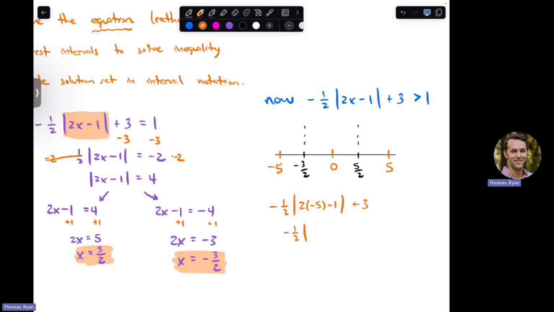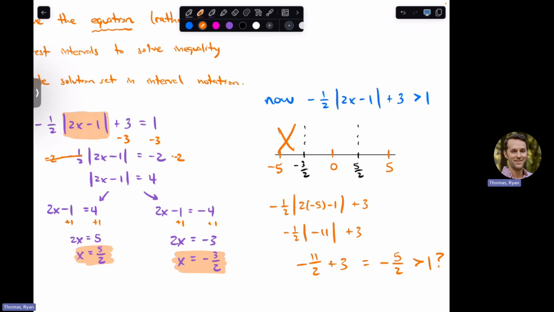Two times negative 5 is negative 10, so that's negative 11. So I get 11 over 2 plus 3, which is, well, 11 over 2 is like 5-ish. Is that bigger than 1? No, because it's negative.